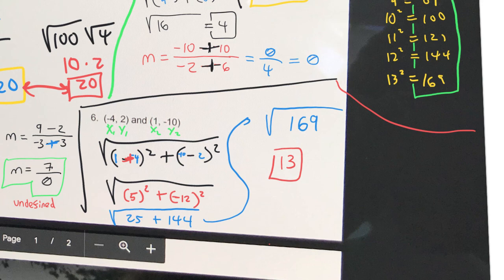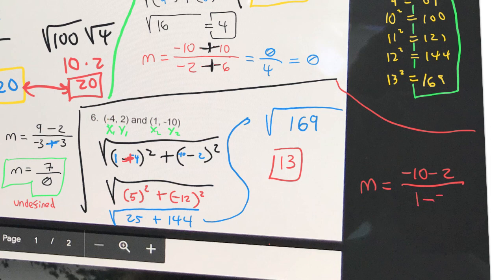Well, find the slope by setting up m equals, well, it will be y2 minus y1, and that is negative 10 minus 2. And it will be down below x2 minus x1, so it's going to be 1 minus negative 4.